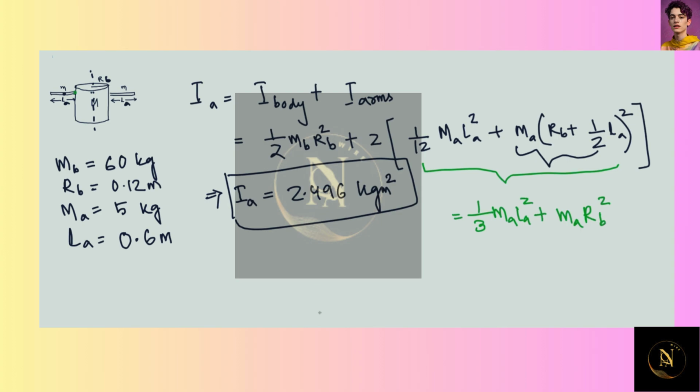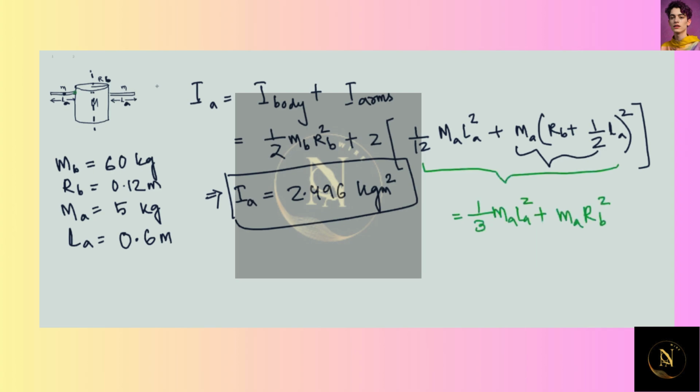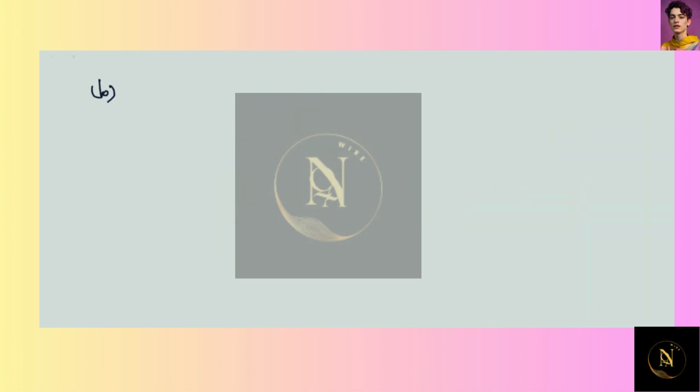Now moving on to part B. So this was part A. In part B, the arms can be treated like particles.